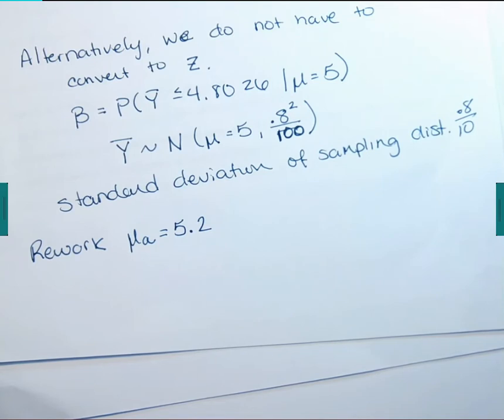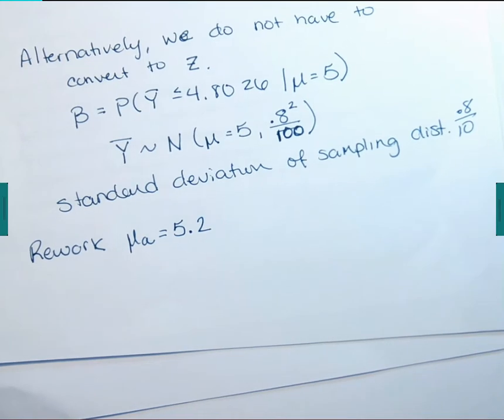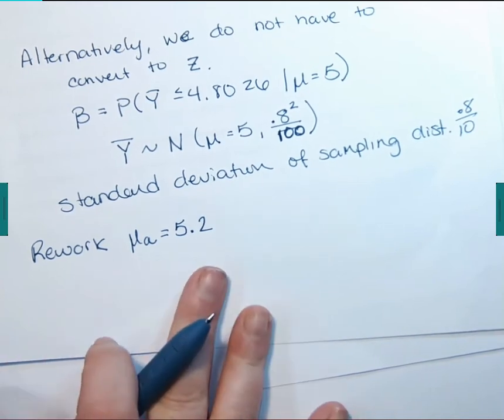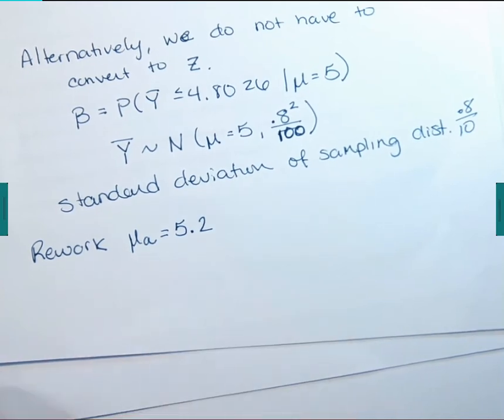So rework the problem. I want you to tell me what happens to beta. In other words, did beta get smaller? Did beta get larger? And whichever one you find, I'd like you to write just a sentence or two and talk about why that would make sense for that to happen. So rework the problem, but have mu alpha, in other words, look at 5.2 in the alternative and see what happens to beta.